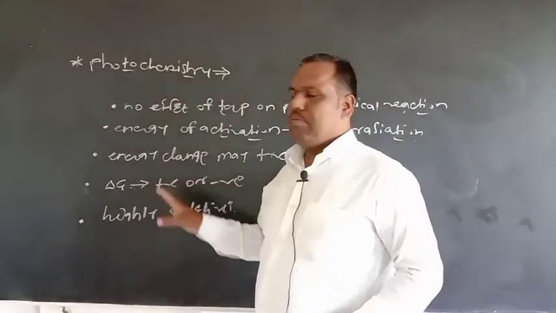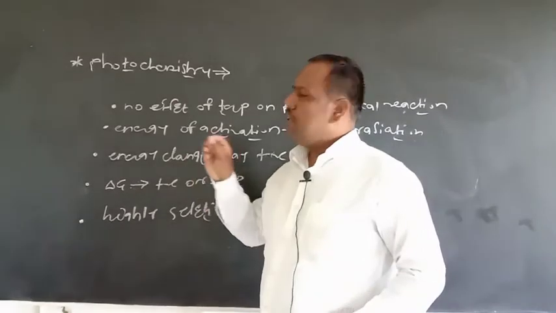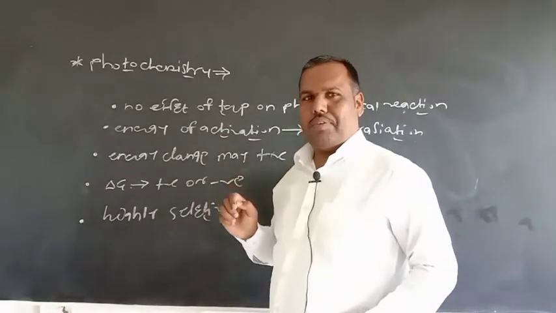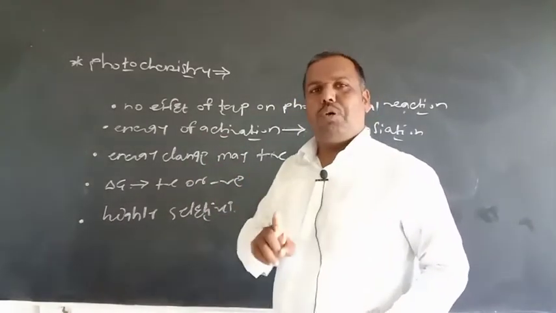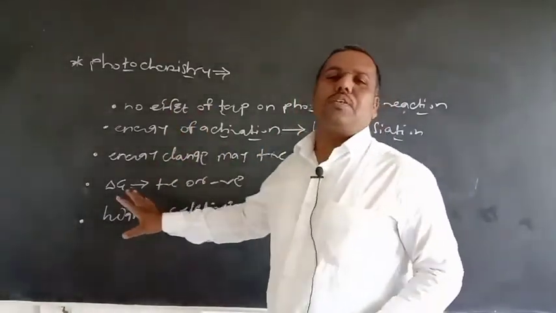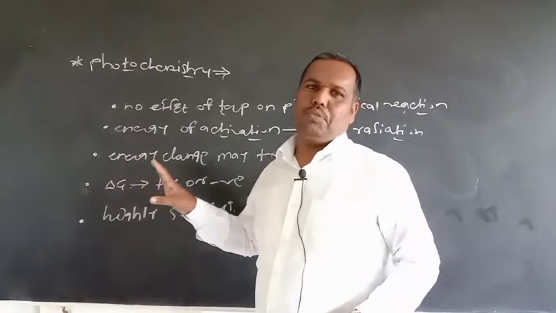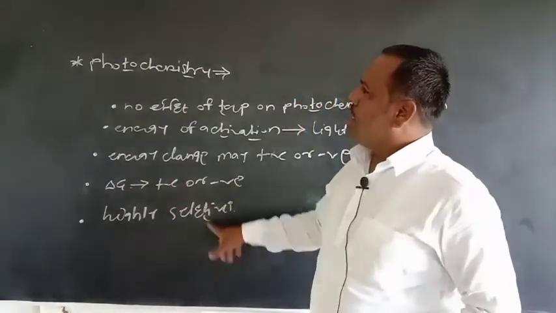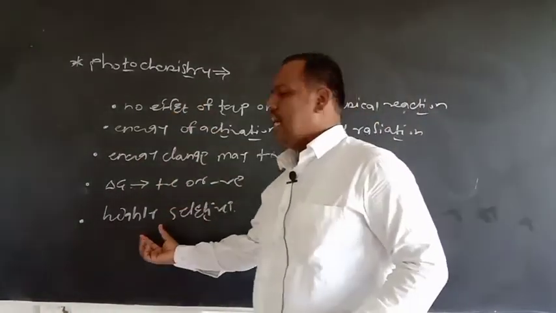If there are 100 molecules and only one molecule absorbs one quanta of radiation, then only one molecule is electronically excited. Not all the molecules are electronically excited by the absorption of light radiation. Therefore, these photochemical reactions are highly selective.